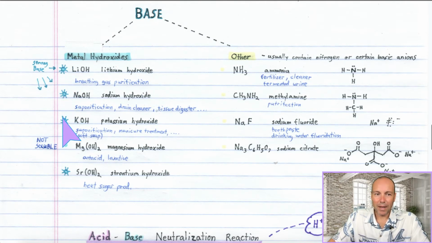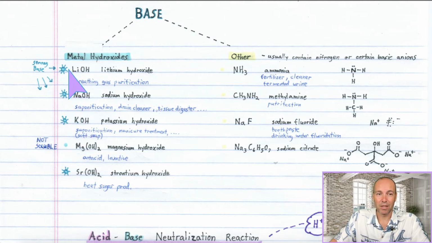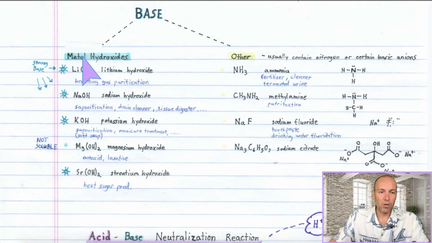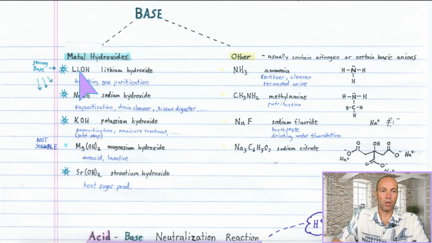The ones that are highlighted right here with the stars, these are the strong bases. Strong bases are metal hydroxides that dissolve in water, soluble metal hydroxides, okay? And they're strong bases because 100% of these molecules ionize into the hydroxide anion, okay?